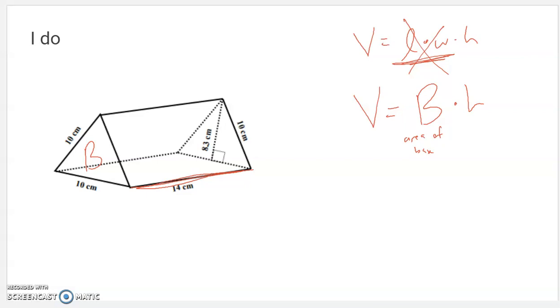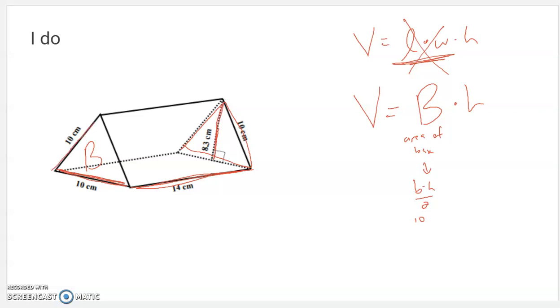So I'm going to find the area of the base triangles and then multiply by the height. So triangles first, define that area of the base. Remember, for triangles, you do base times height, or length times height, however you want to say it, divided by 2. So this triangle here, its base or its length is 10. Its height, remember, is not this way. Its height is straight up from the bottom.